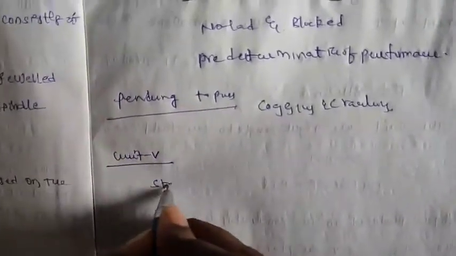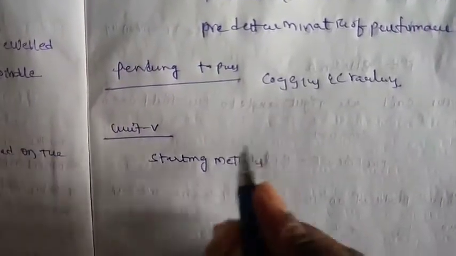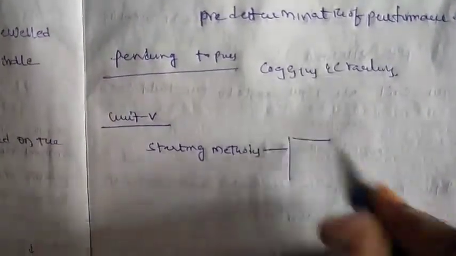Next, the 5th unit. Unit 5 is starting methods. What are the starting methods?